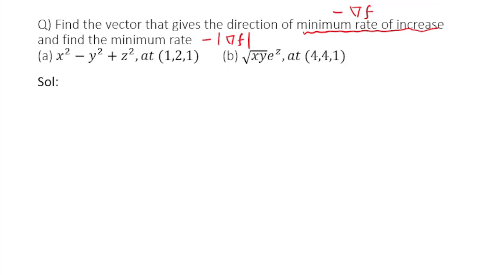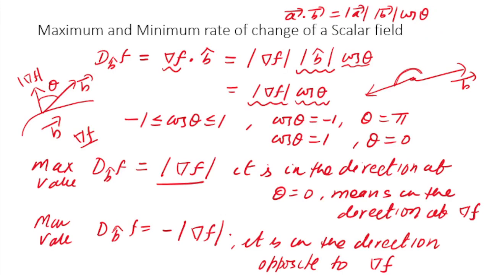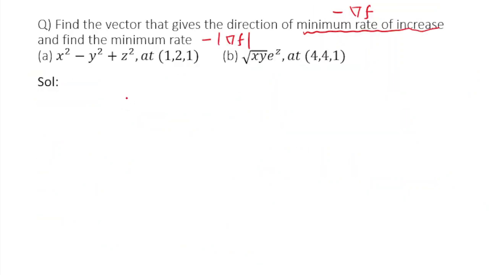I hope you have understood that this is the minimum value and it is in the direction opposite to del f. So opposite to del f is what? If you take the opposite of a vector, you actually get minus of del f. So if I ask you what is the vector opposite to vector B, that is minus B.